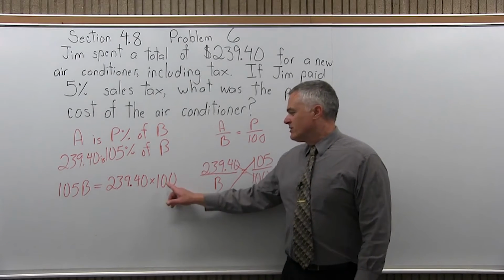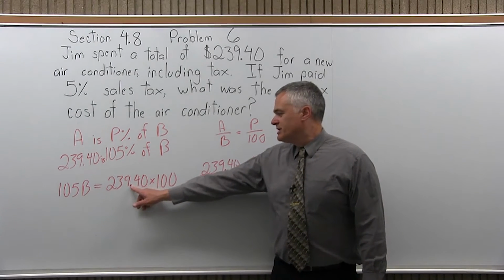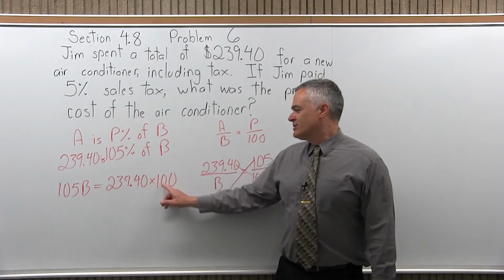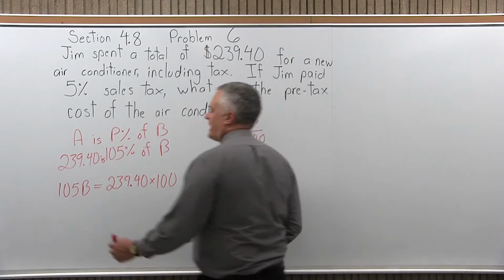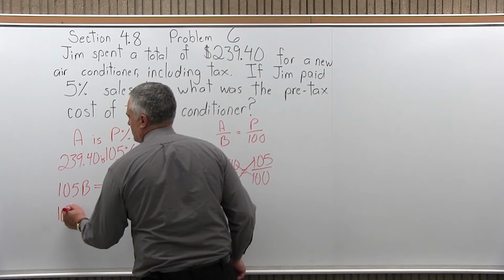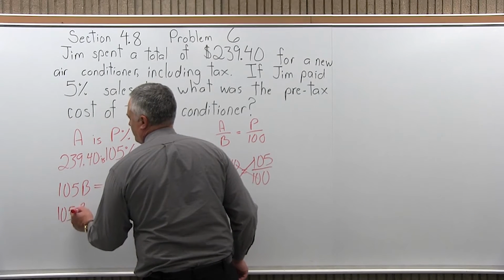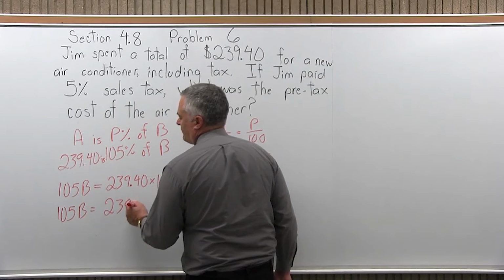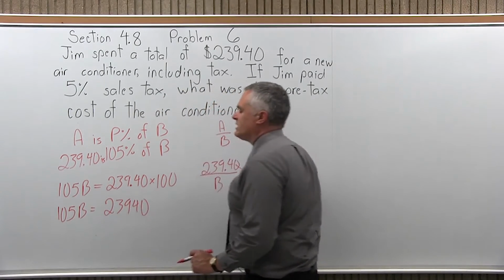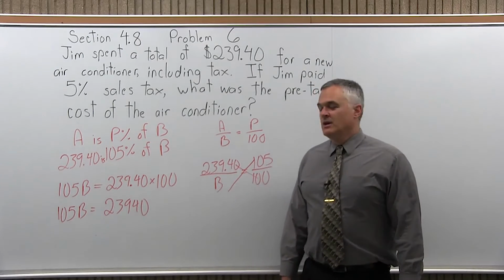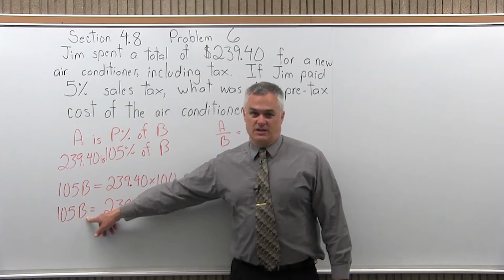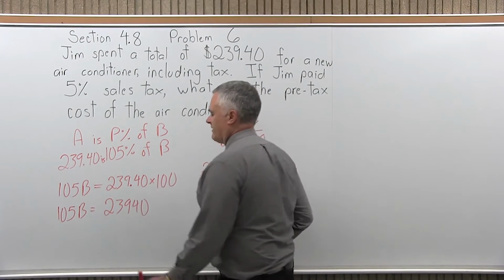Even if you don't have a calculator, the two zeros in the 100 will pull the decimal point 2 positions to the right. So what I have is 105B is 23,940. Now again, that's not the answer. What I want is B equals, not 105B equals. So I have to divide away the 105.